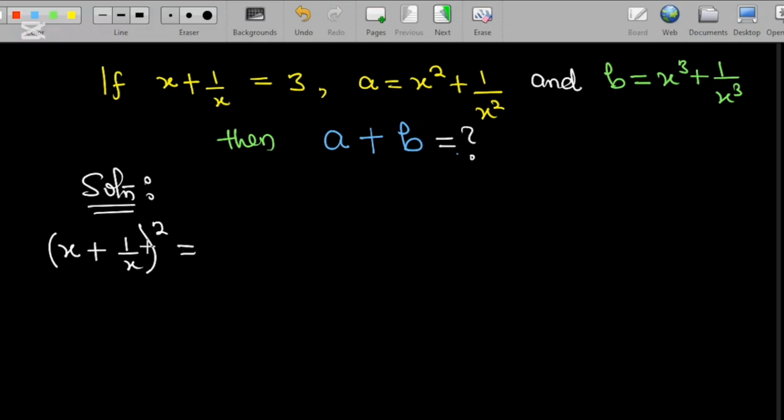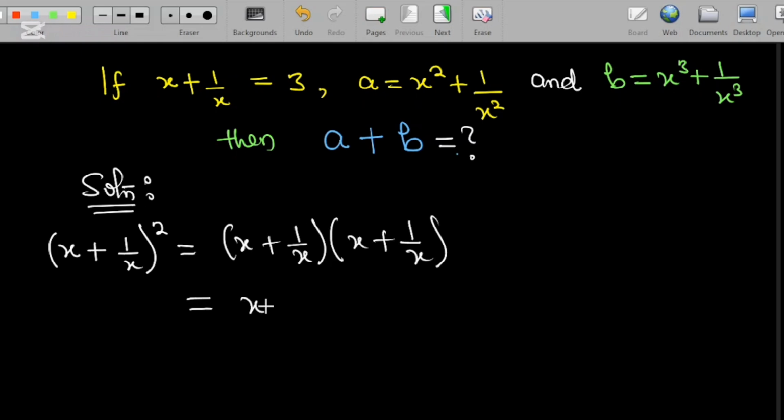So if we square this, that's going to give us x plus 1 over x all squared. So this is going to give us x times x is x squared, and x times 1 over x is 1. 1 over x times x will give us another 1, and 1 over x times 1 over x will give us 1 over x squared.